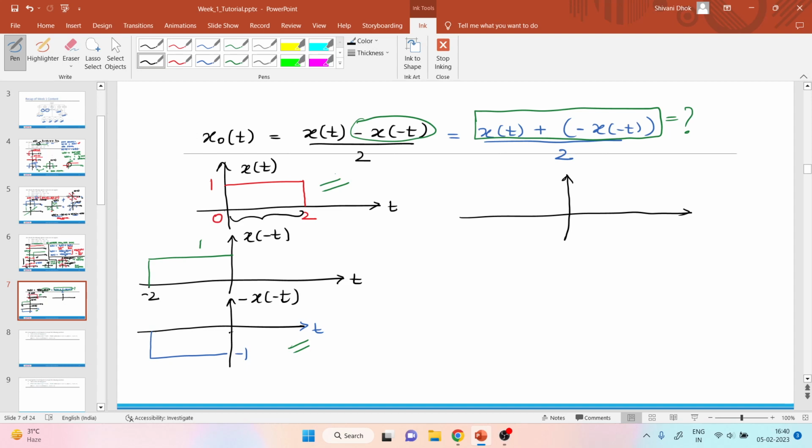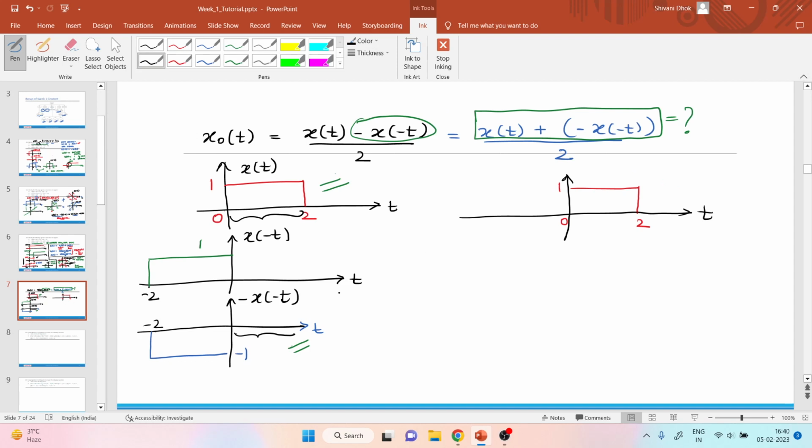Similarly, if we look here, it is 0 from 0 to 2, but it is having some value from 0 to minus 2. So the component that is contributing for x of t is this, and that will be given here with magnitude 1.